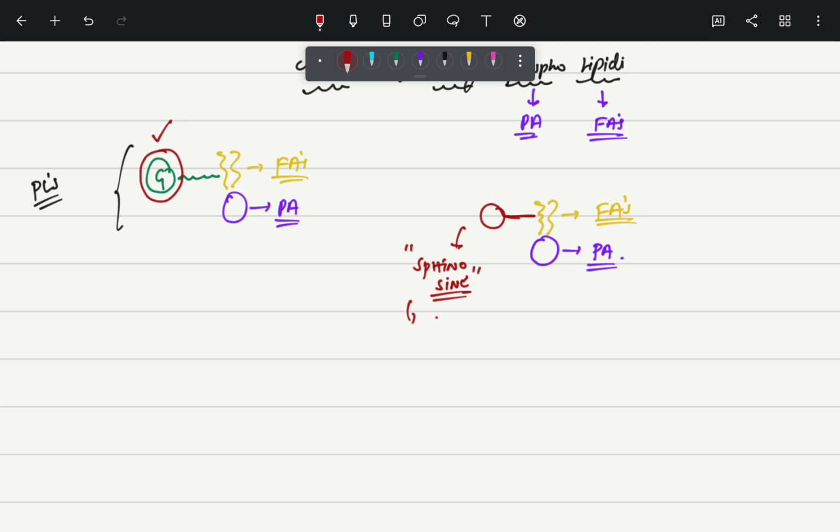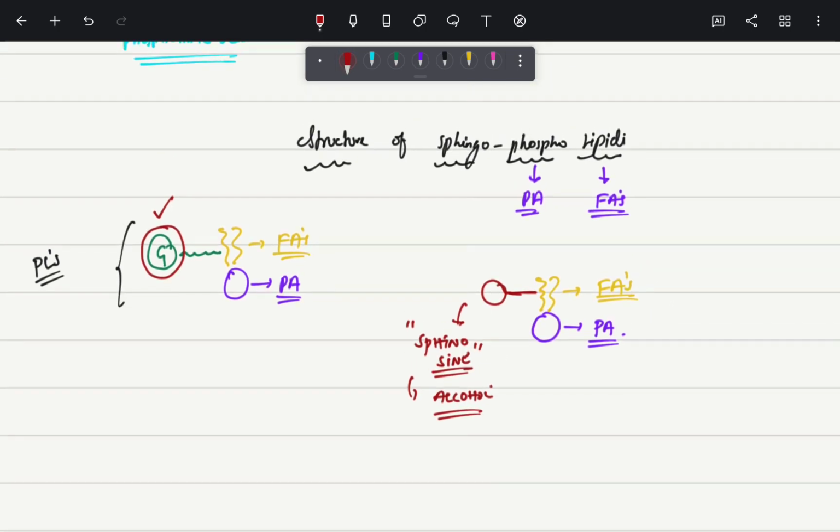Sphingosine is a type of alcohol. Hence they are called your sphingophospholipid. As the name suggests, in the structure of a sphingophospholipid, the sphingosine is a type of alcohol that is present in the phospholipids.